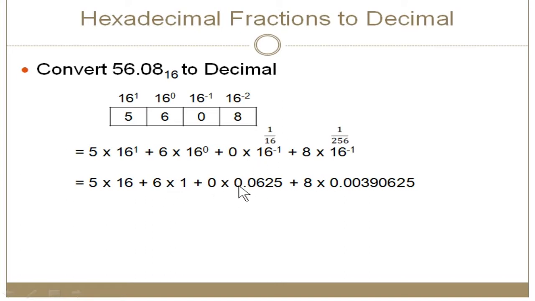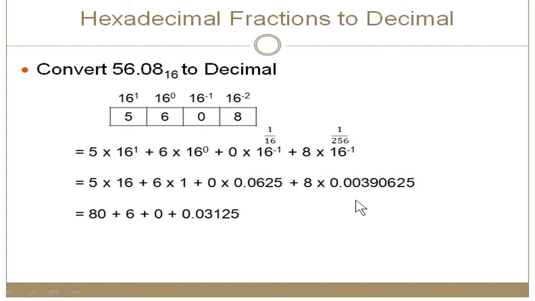You get the value 0.0625, which multiplied by 0 is 0 anyway. Then plus 8 into the decimal fraction value 0.00390625, which is the value you get when you divide 1 by 256.